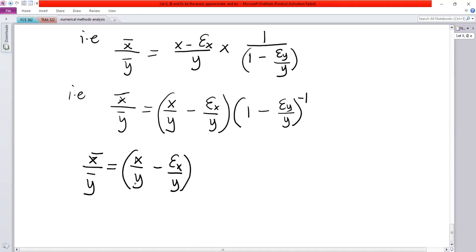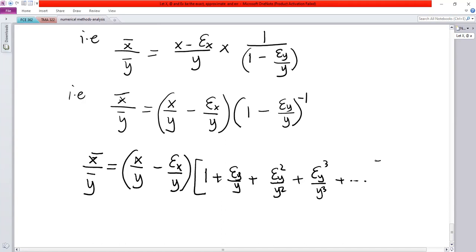Since error in y over y has a magnitude less than 1, we can expand this one by the binomial theorem. So it should be 1 plus error in y over y plus error in y squared over y squared plus error in y cubed over y cubed, and then plus other several terms.